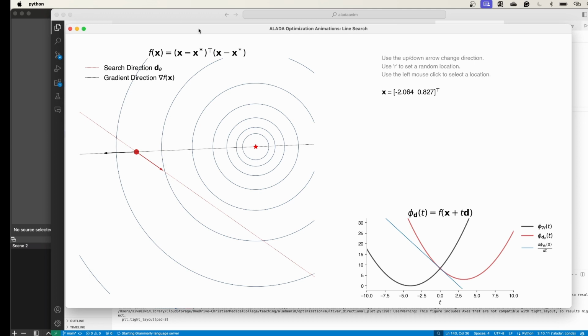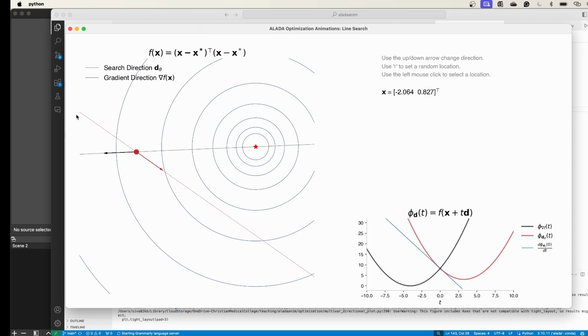If I move along this line, the corresponding plot of f of x along that line is given by this red curve, and the intersection of these two curves, which corresponds to t equals 0, is essentially this point. All the points on this side correspond to negative values of t, and on the other side positive values of t, and similarly here.